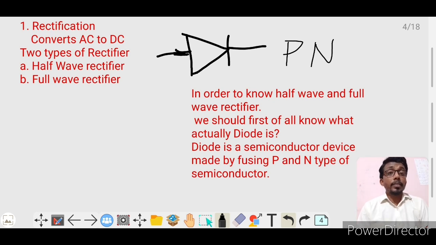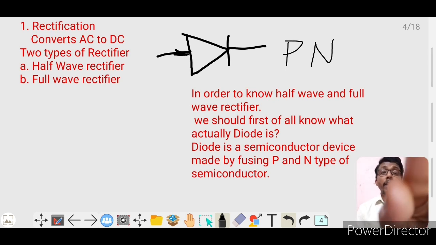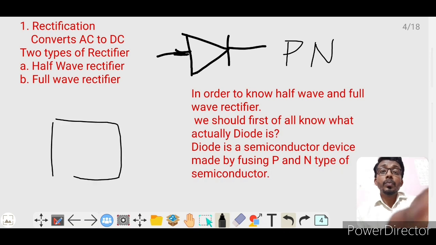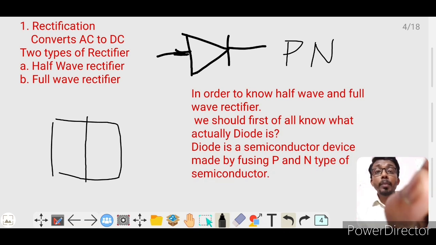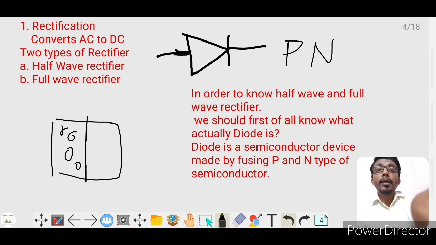Now what actually is a PN junction diode? We are having a semiconductor, and we have two types of semiconductors. One type is P type, which is having holes in it, and the other type is N type.